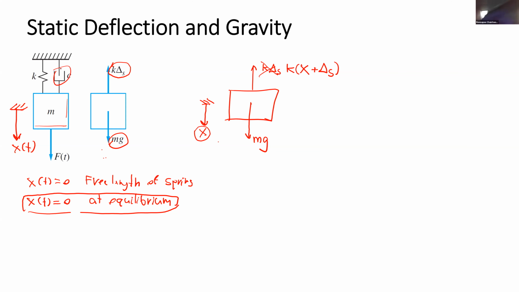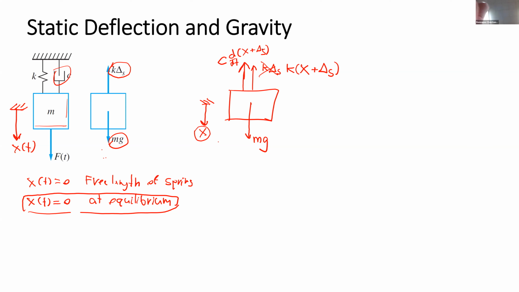And the damping force will be c multiplied by, maybe you can write it like d by dt of x plus the static deflection.